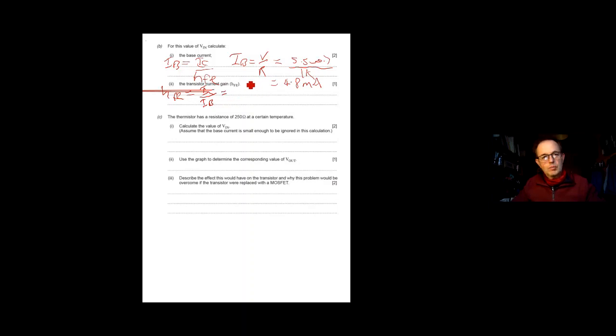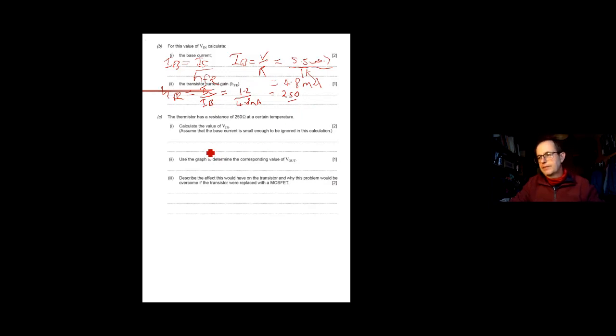In this case, we had 1.2 amps coming down, and the base current we just worked out as 4.8 milliamps. Try that in a calculator if you're watching on video. That will give you a gain of 250. You know, in the right ballpark, 250 is quite a big number.